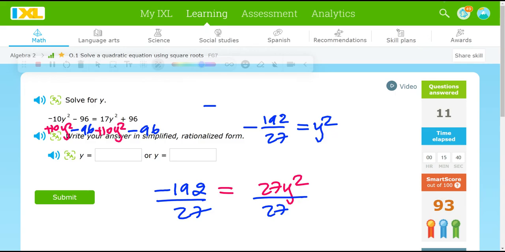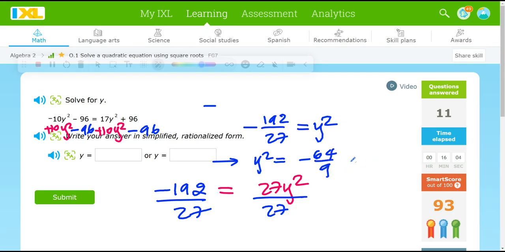I move my calculator to the other side. Negative 192 over 27. The calculator will simplify for me. It comes out at negative 64 over 9. Perfect. So let's write right here. y squared equals negative 64 over 9.